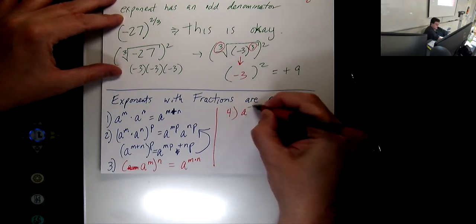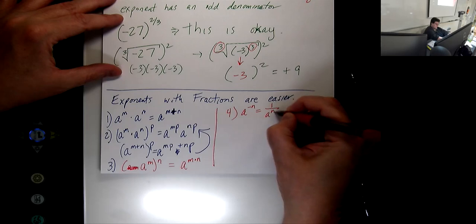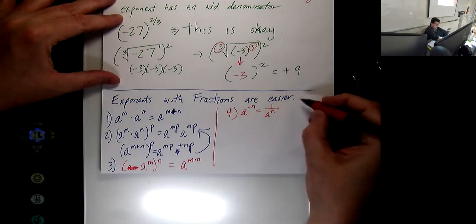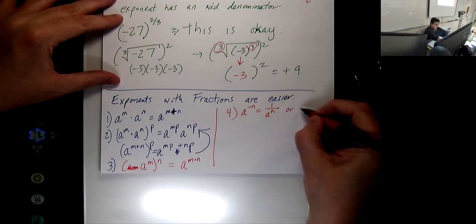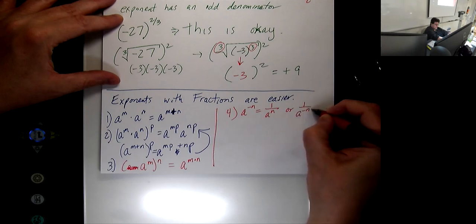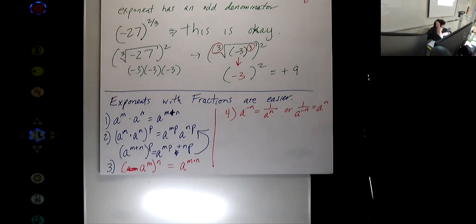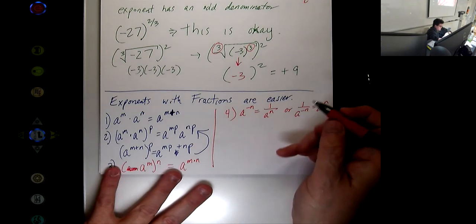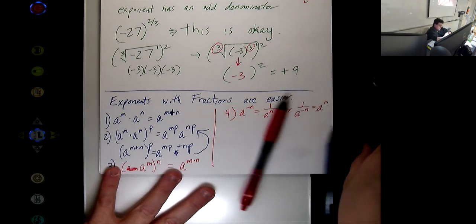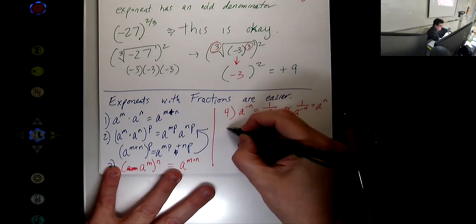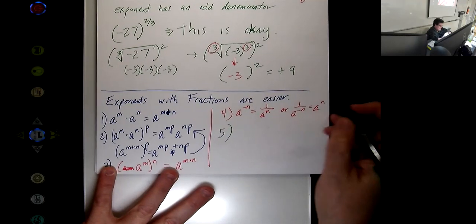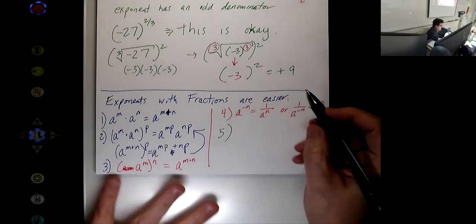As a reminder, negative exponents flip over. Let's put all of our rules together, because this applies to any of these. m, n, and p can be fractions.